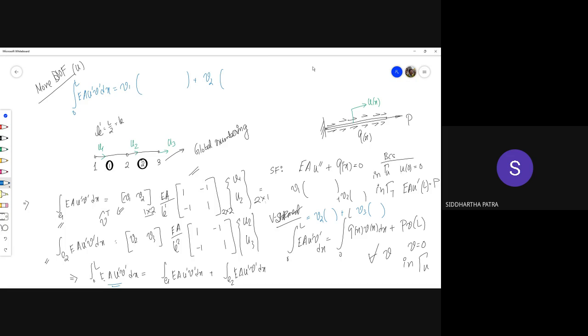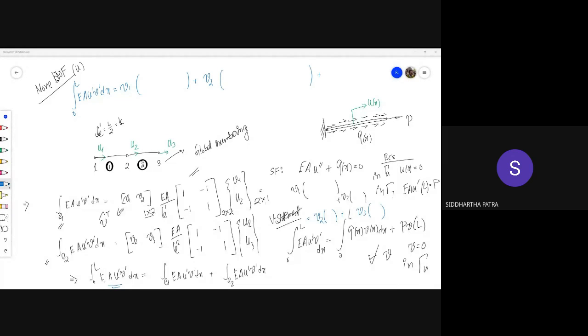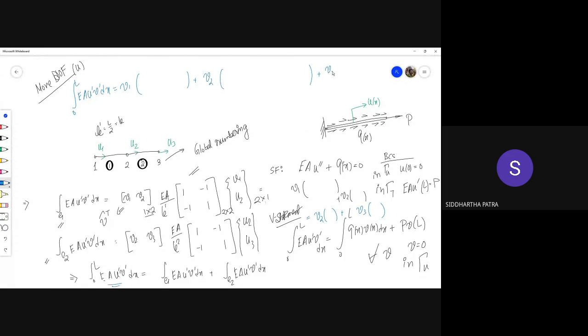Now I'm making a bigger bracket because v2 is there in both the elements, so it will have a lot of terms. And finally, v3 times something within the brackets. Now v1 would only come from element 1 and v3 would only come from element 2. v2 would have terms from both element 1 and element 2.